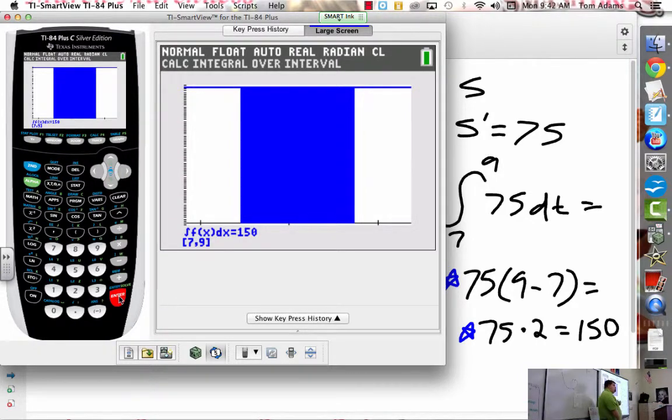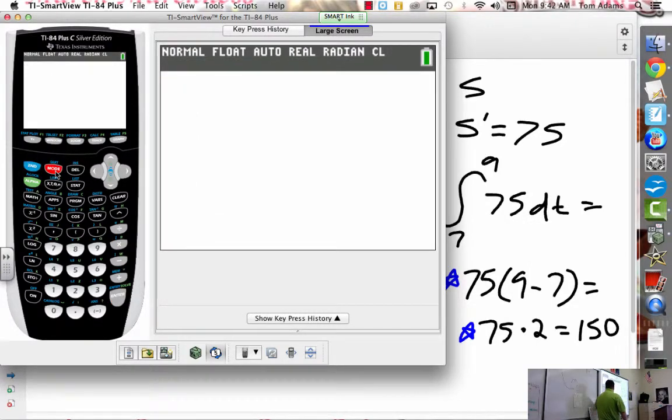Now, another way to do it is you actually have an integral program on your calculator. So if I close this out, this does an approximation method, and basically it lets delta x equal something like 0.00001.